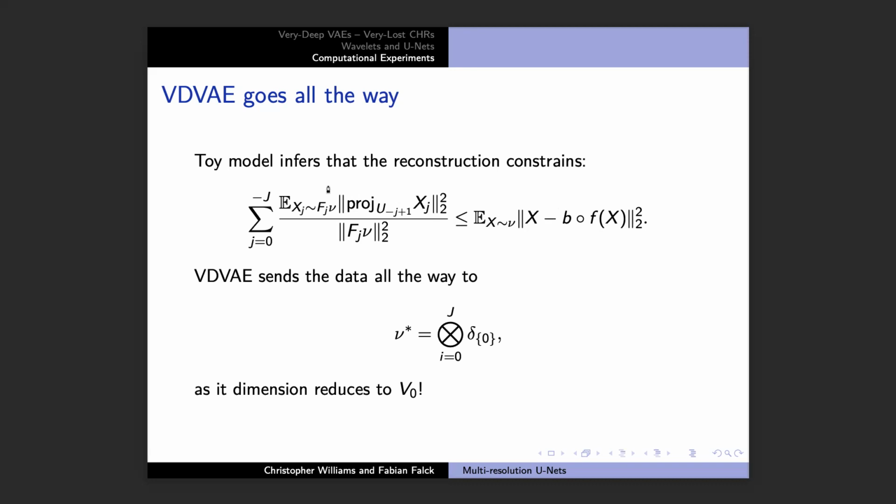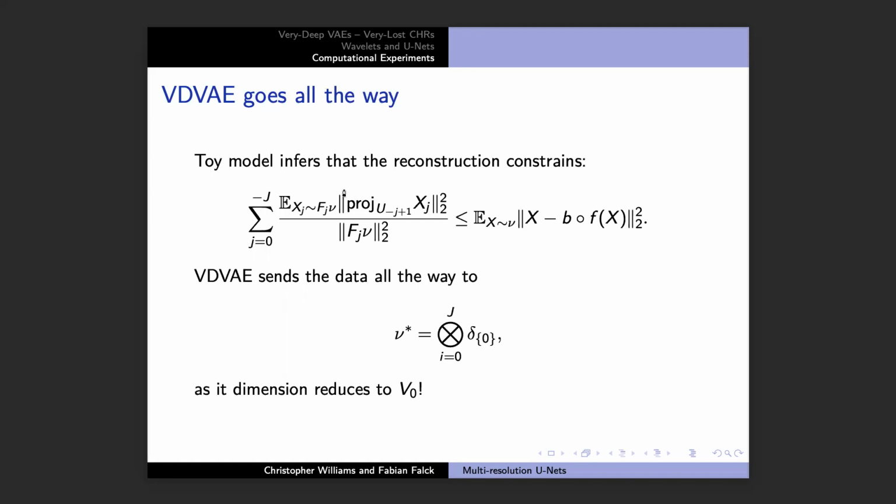And what I'm learning, right, is I want to always throw away the orthogonal complement that's chucked at each sampling step. The issue with VDVAE is that they don't stop at some V minus J that isn't V naught. They actually go all the way until you hit that I can only approximate the trivial function.